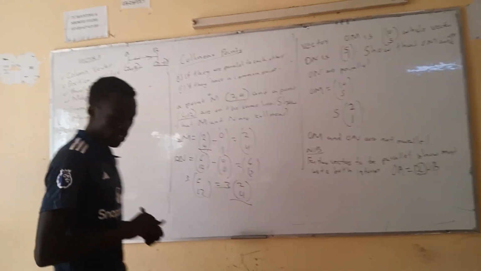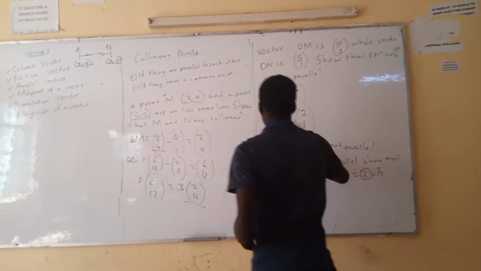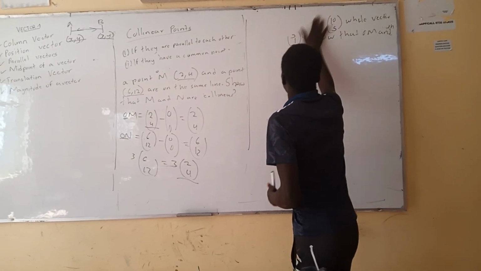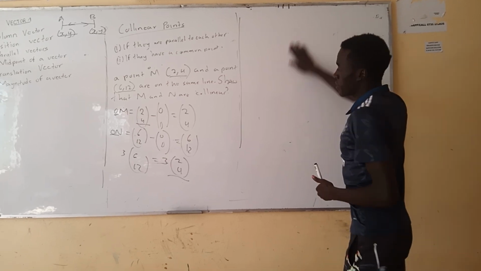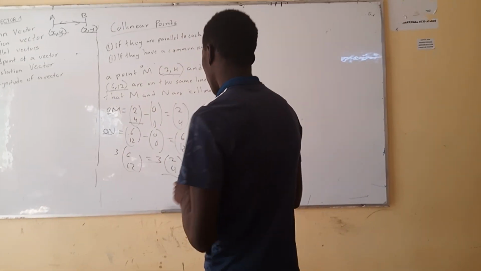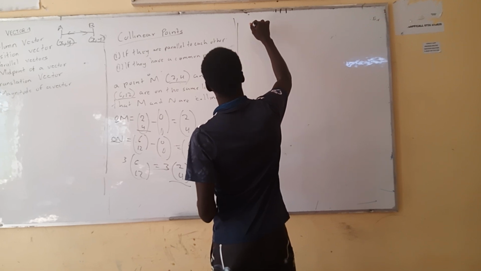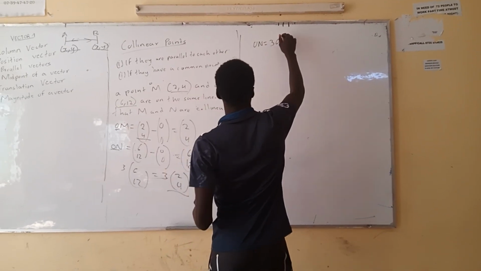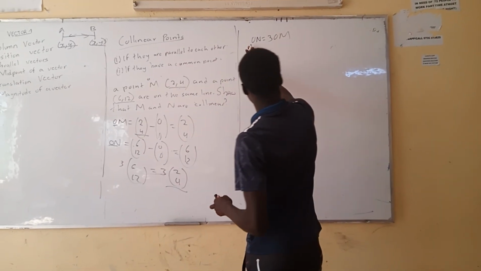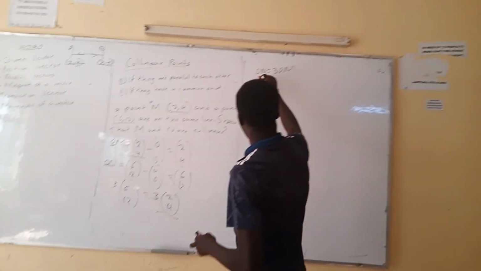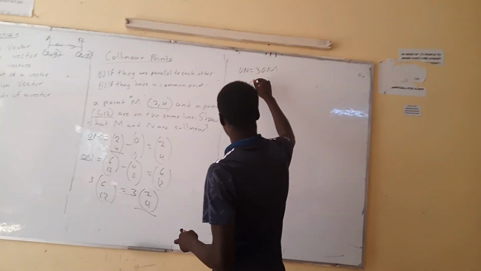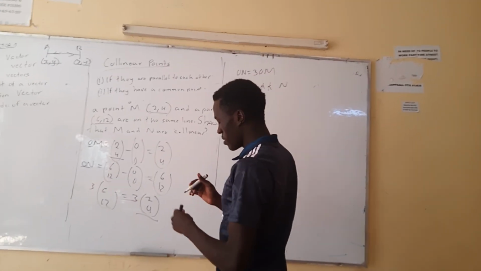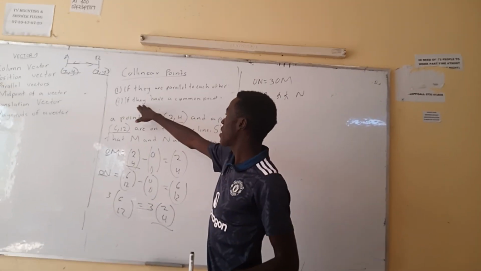So what am I going to prove there? I'll prove this one here. But now ON is equal to 3 OM. After I've shown this, this means that ON is parallel to OM. The only thing remaining is to show that they have a common point.